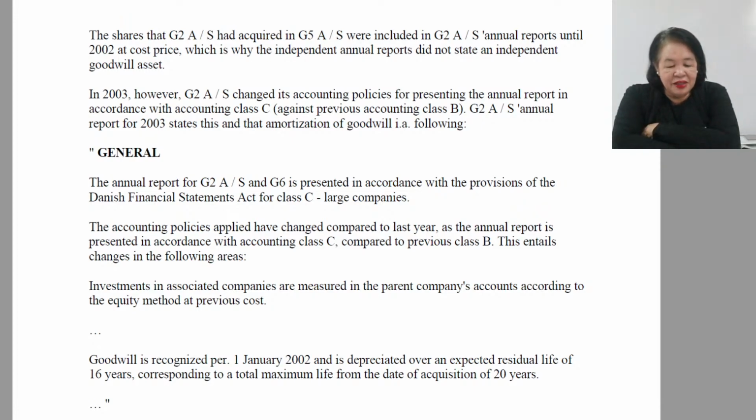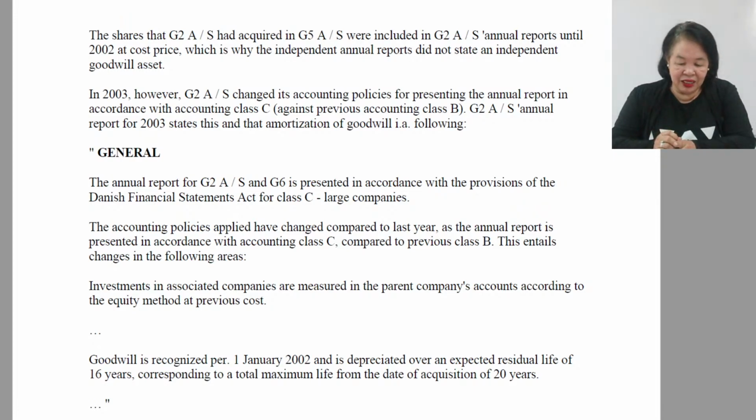So the shares that G2AS had acquired in G5AS were included in G2AS's annual report until 2002 at cost price, which is why the independent annual reports did not state an independent goodwill asset. So this is what is always missing in the annual reports, the intangibles.